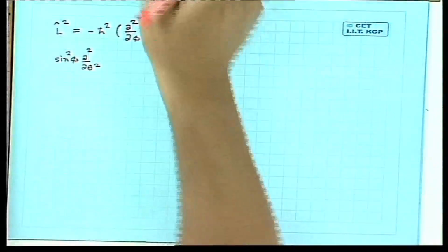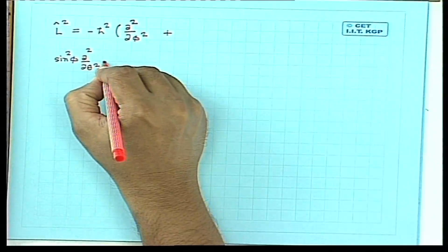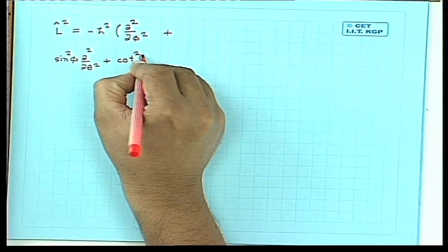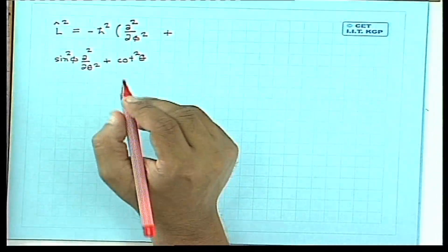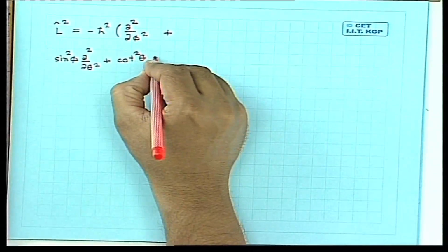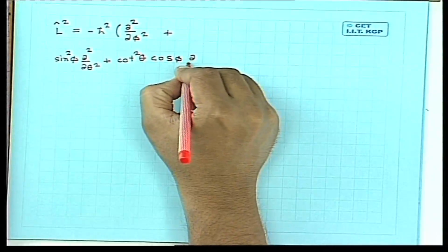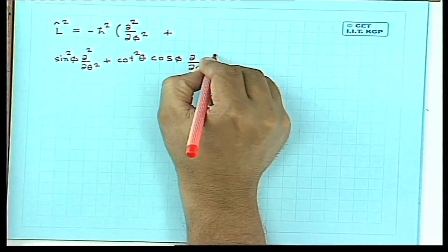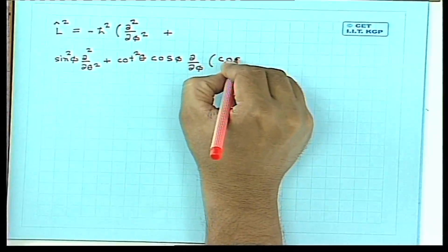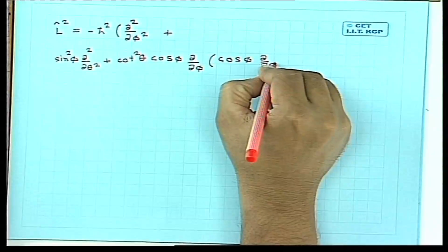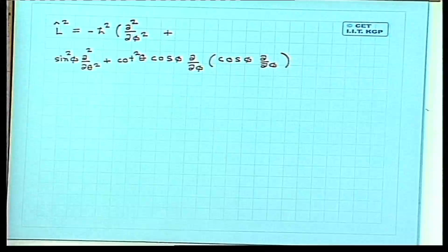So I can put a cot squared theta outside, and then I have cos phi del del phi acting on cos phi del del phi. This is the second term.